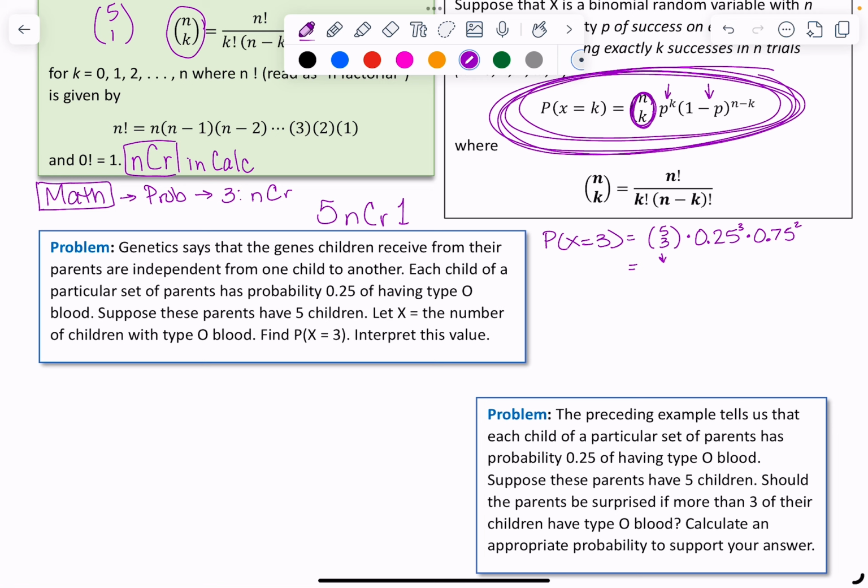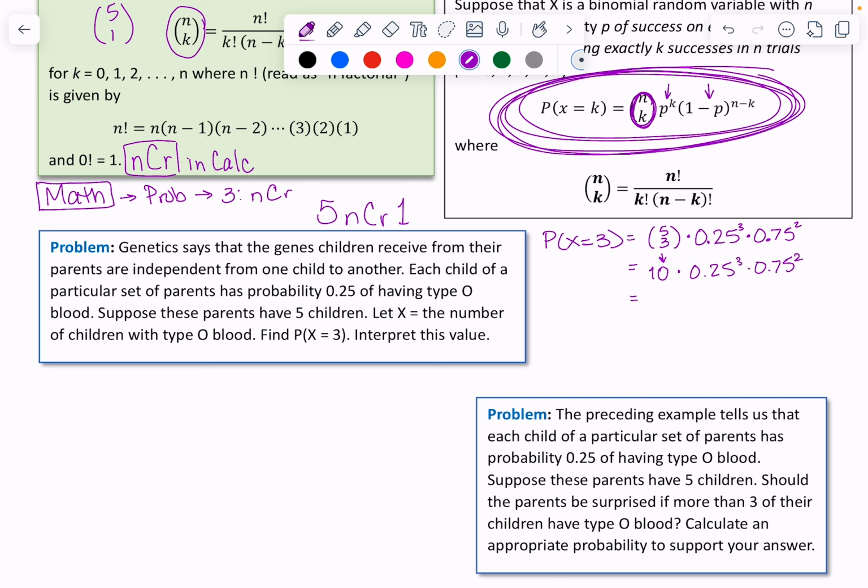It will give me 10 ways to choose 3 kids out of 5. And I would just type the rest in. Now, you could also type this into the calculator without solving it first, and then multiply straight across. However you do it, you get the answer.